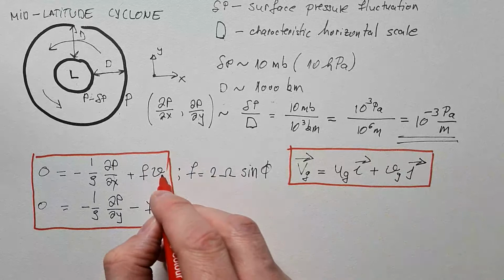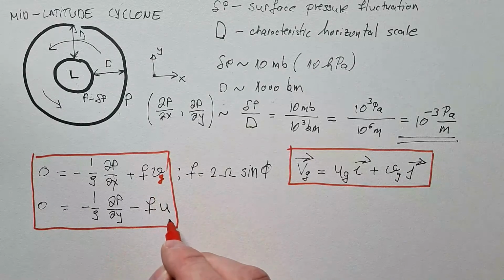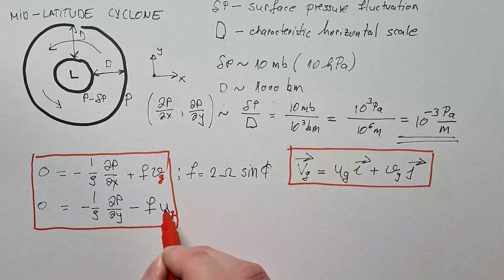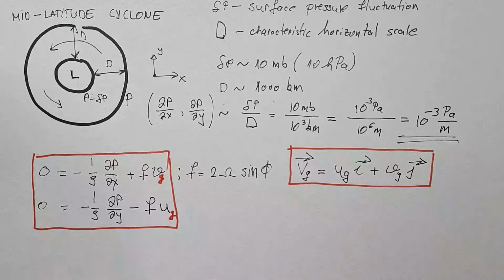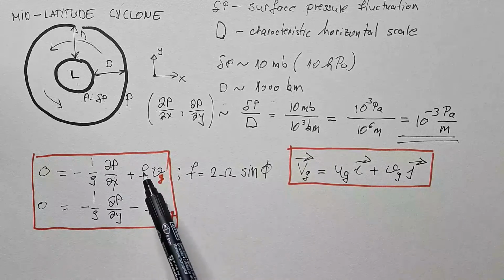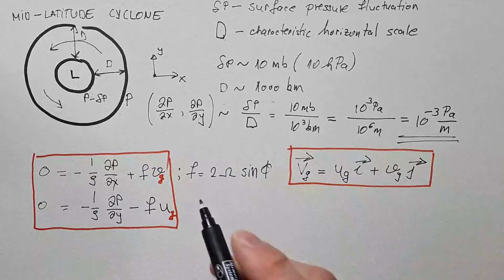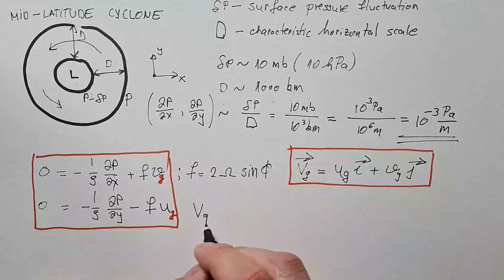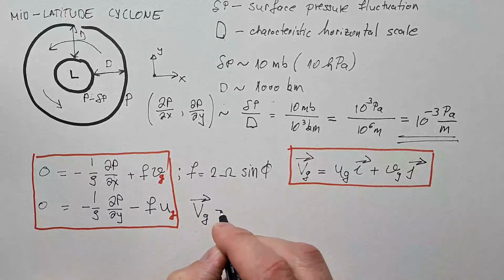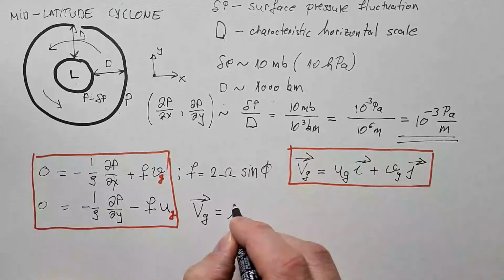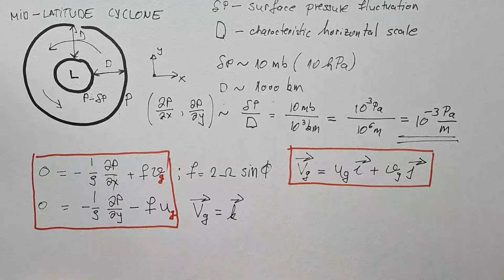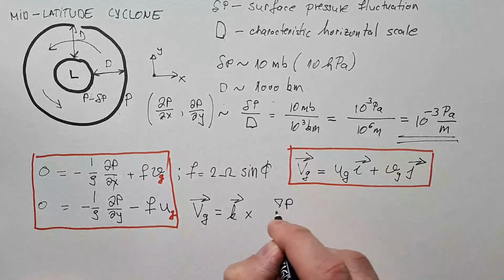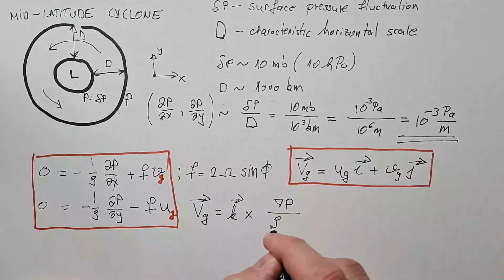So I can add subscript g over here because these are now geostrophic wind components. Of course, we can always go a little bit further and write this in vector form, and that would be Vg in vector form is equal to k, which is unit vector in vertical direction, cross nabla p over rho times f.